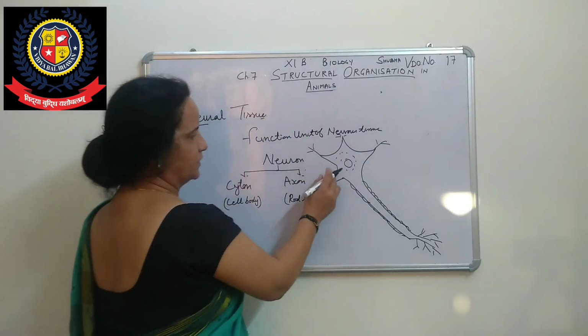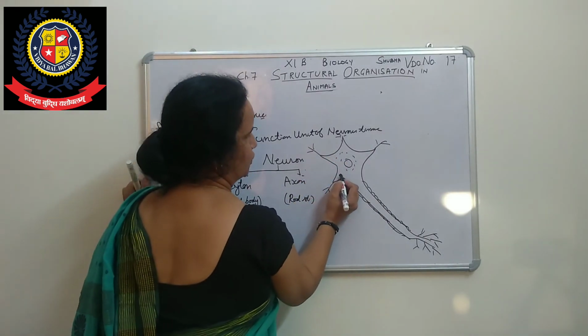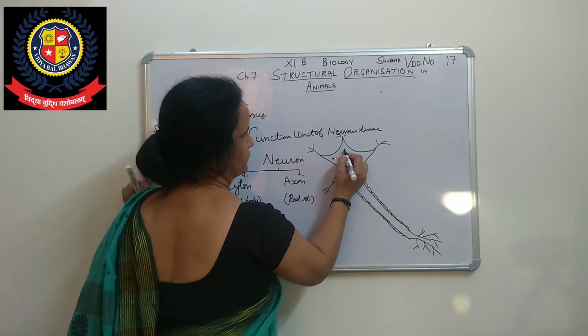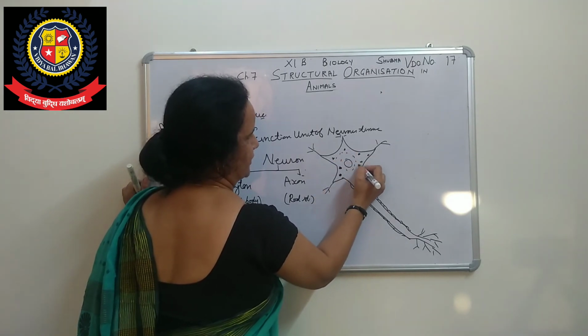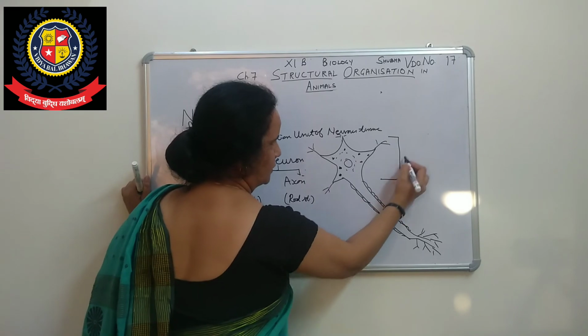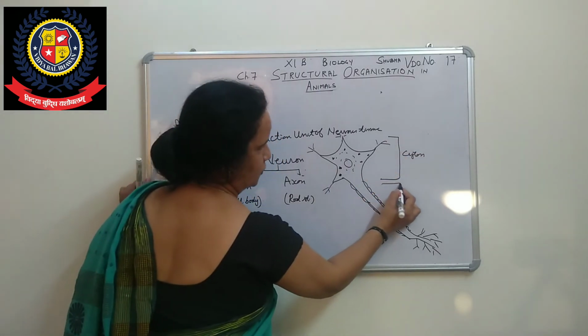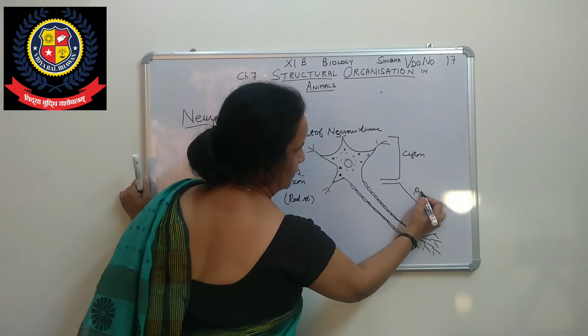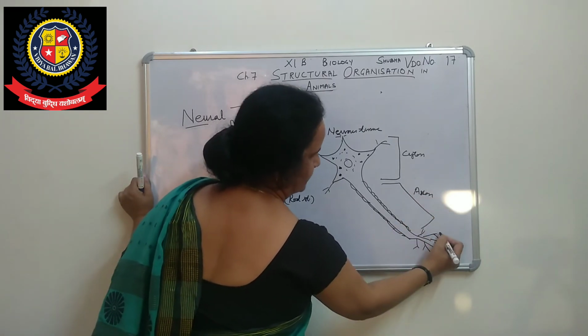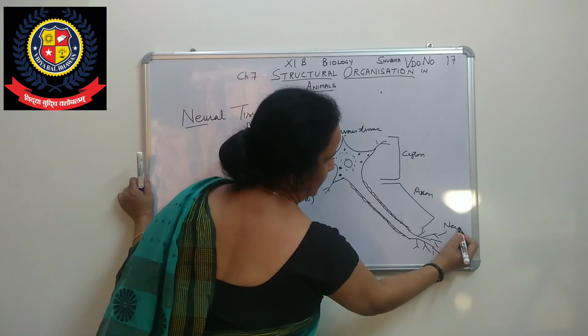Along with the dendrites, here are some granule-like structures which are present in the cyton. This portion is called cyton or cell body, and this portion is called axon, a rod-like structure. This is the nerve ending.